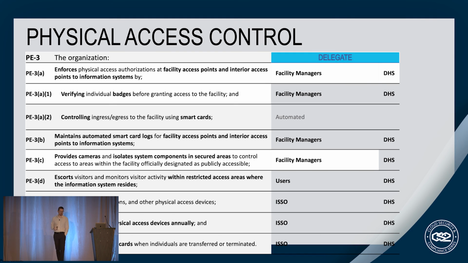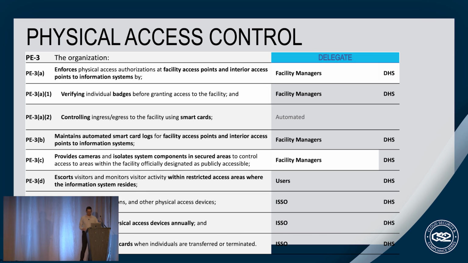And then my information system security officer is going to be the one who's responsible for managing who gets badge access, how often we inventory all of those badges, how do we revoke access when someone leaves the company, all of that good stuff. And you can see we've already automated some of those subparts so we don't have to assign a person, because it's just an inherent nature of the system now. So that would be a way for us to break out some of these requirements and be much more focused. So that's the end of my slides.